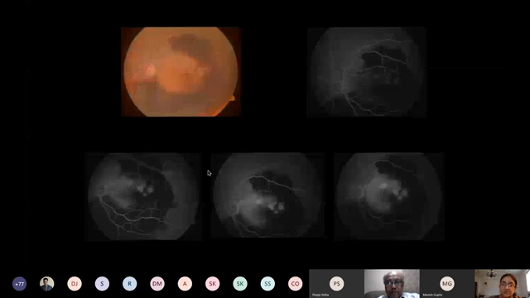Because it is a well demarcated space created by the separation of the vitreous from the retina, the hemorrhage collecting in that space often takes up a boat shape, and that is what is known as a subhyaloid hemorrhage. Hyaloid is the term used for the vitreous. When it separates from the retina, there is a potential space called the subhyaloid space.